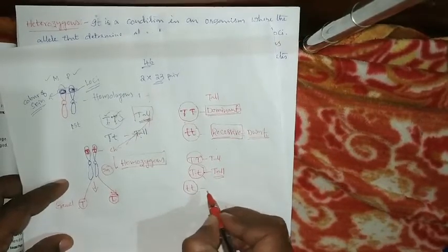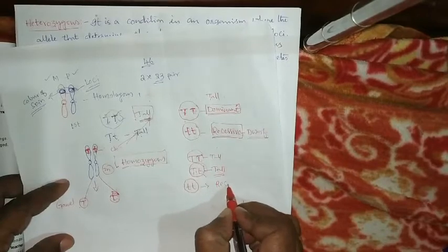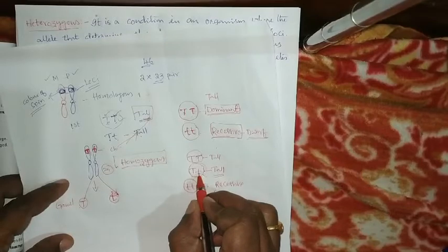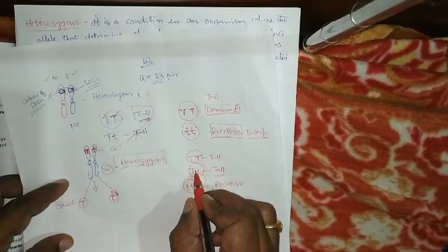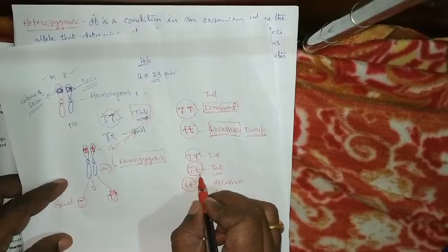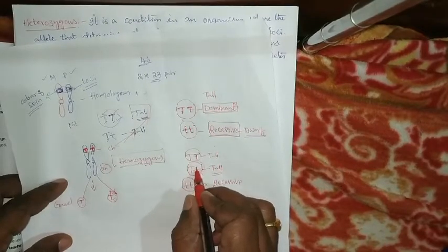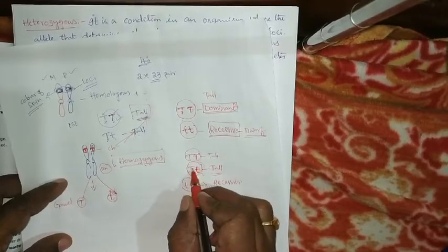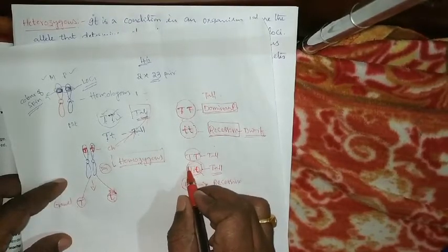In the heterozygous condition, the recessive character cannot be represented, because the dominant allele dominates over the recessive allele, so the dwarf character of small t is suppressed by capital T.